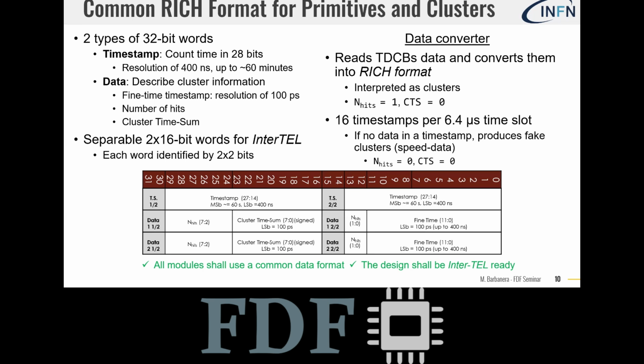This data is just a cluster with the number of hits 0 and cluster time sum 0, and with a maximum fine time equal to 1, so that is 12 bits at 1. And this is done to avoid some starvation that we will see in the input data merger, without affecting any of the other blocks of the gateway.